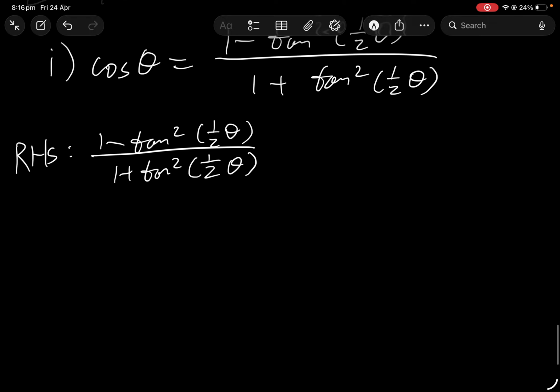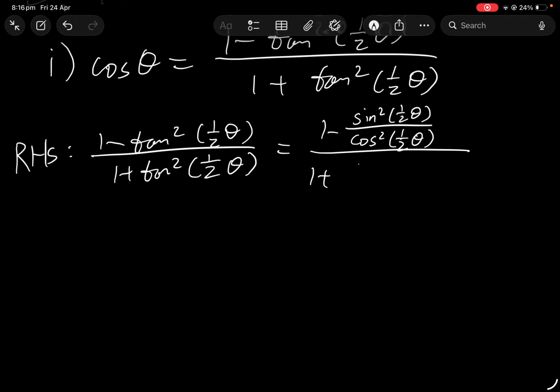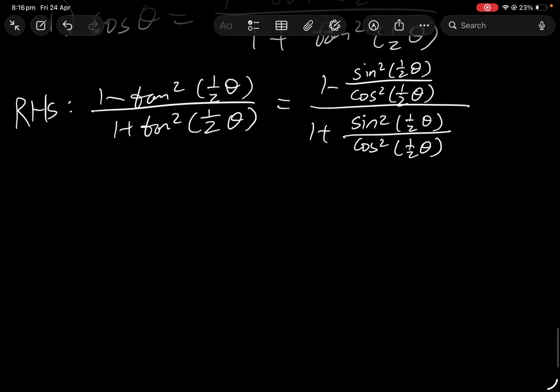First, we can make the tans into sine over coses. Now we have to cancel something out because we can't really do anything while the ones are here.